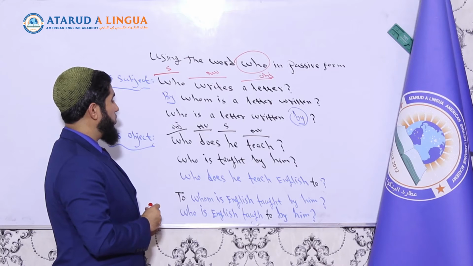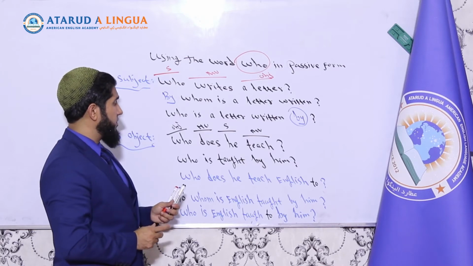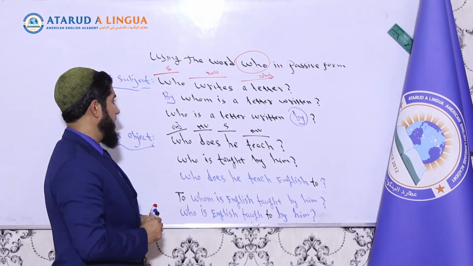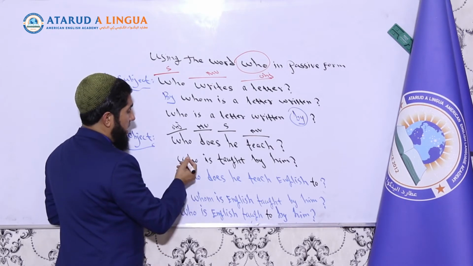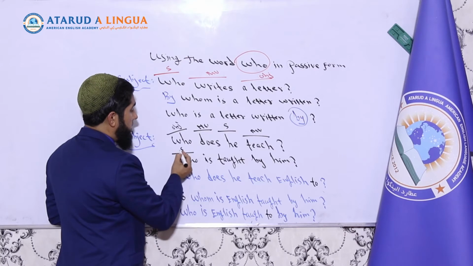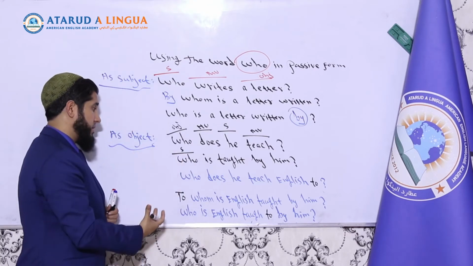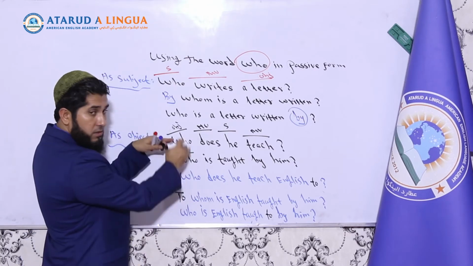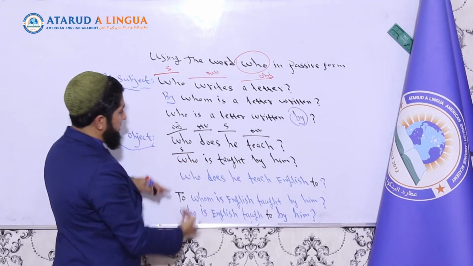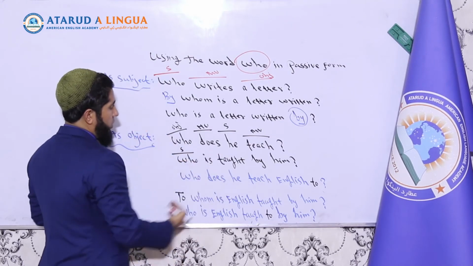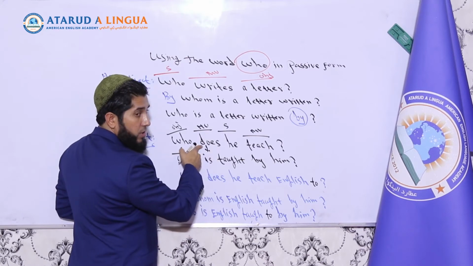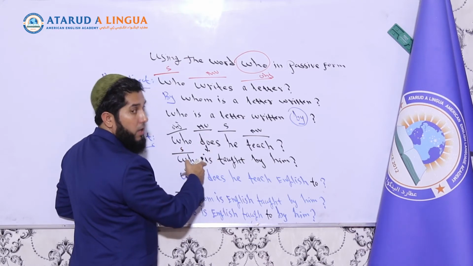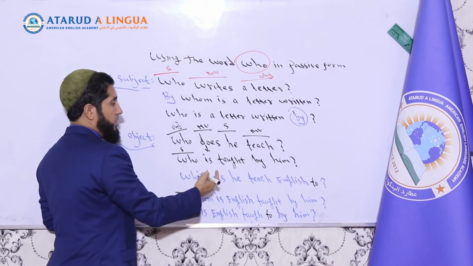And now when we change this kind of sentence from active form to passive form, the word who here functions as an object. The object of the active sentence becomes the subject of our passive sentence. But the position is still at the beginning of the sentence, at the beginning of our question. And then instead of does, the auxiliary does, we use the helping verb is, a to be verb.